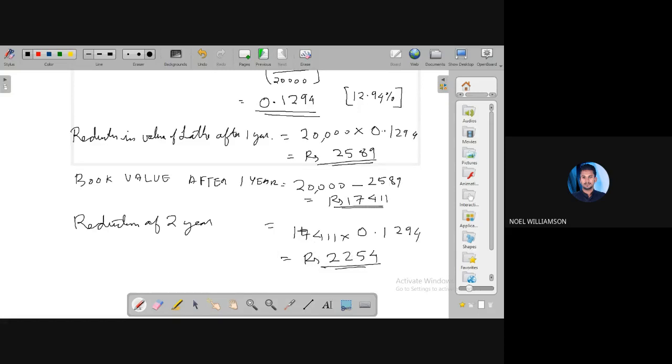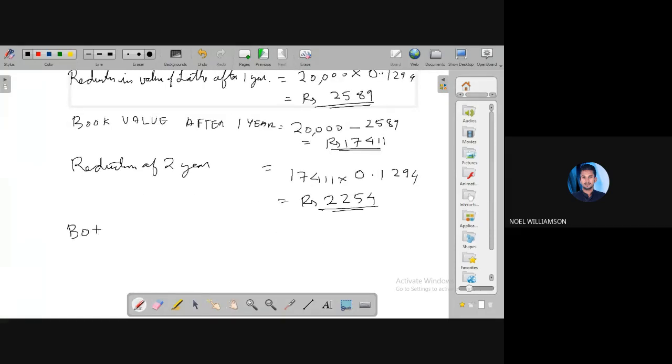So at the start of the second year, what was its value? It was 17411. Therefore the book value after 2 years will be the starting amount 17411 minus the reduced value 2254. Then you will get approximately ₹15157. So this is the book value at the end of 2 years.